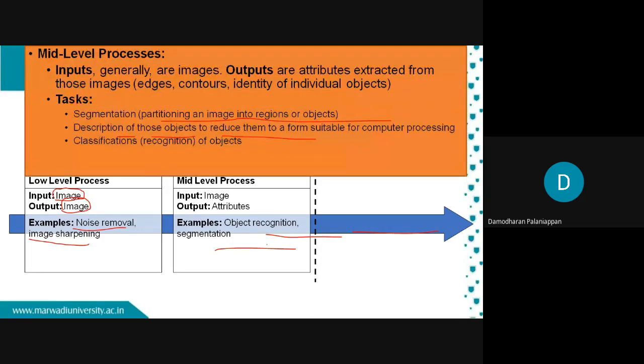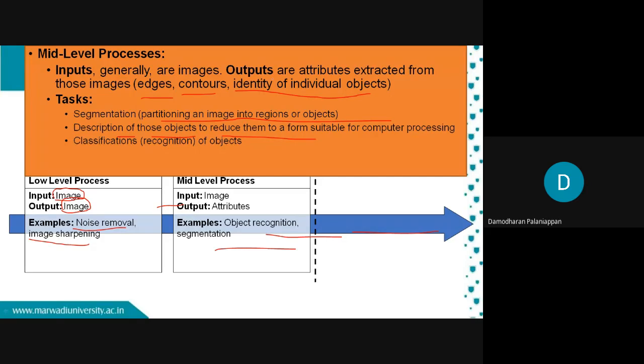So here we take an image and attributes are extracted from the image. Attributes means a subset of a particular image, a small part of the image like edges, contours, and the identity of individual objects.